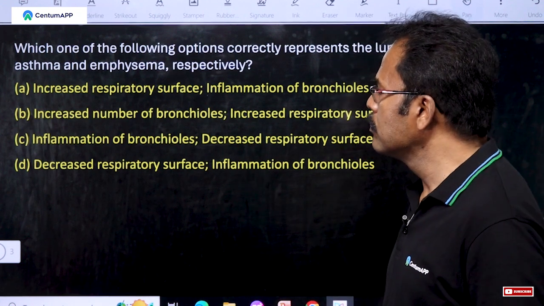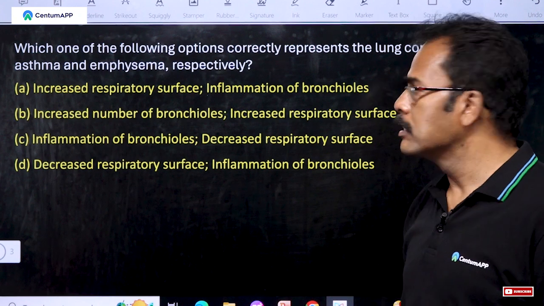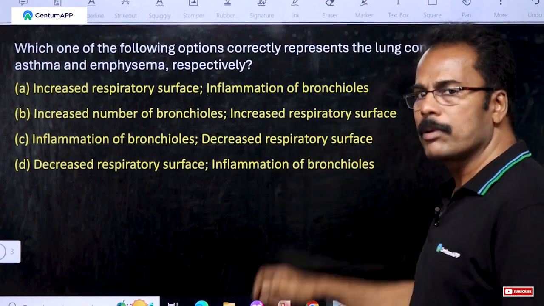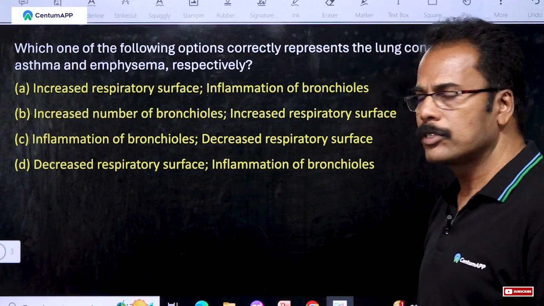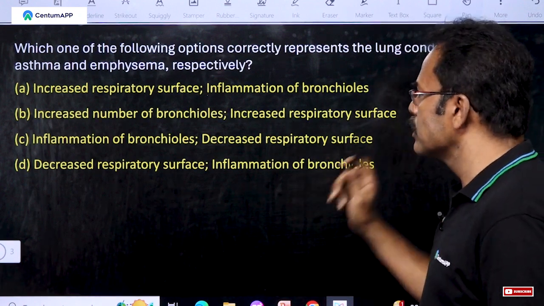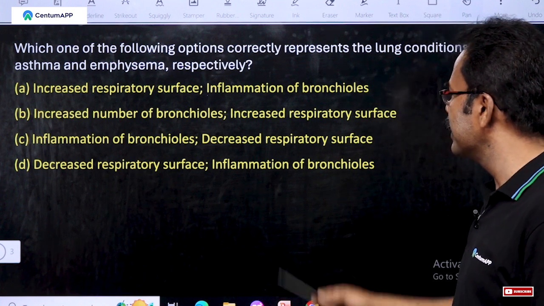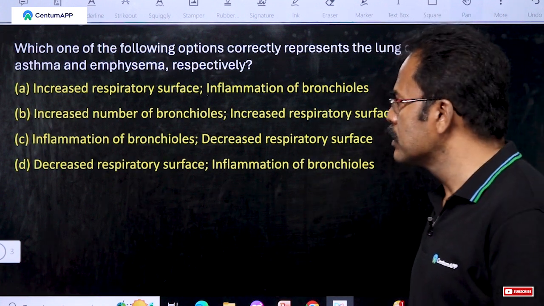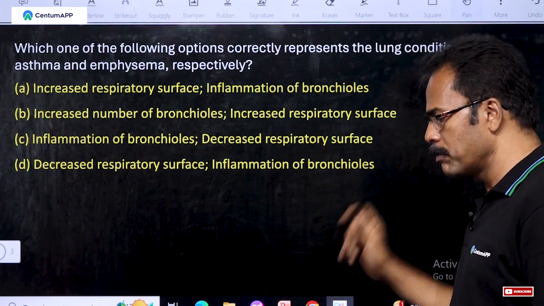Let us discuss. The first option is increased respiratory surface, inflammation of bronchioles. B, increased number of bronchioles, increased respiratory surface. Option C, inflammation of bronchioles, decreased respiratory surface.